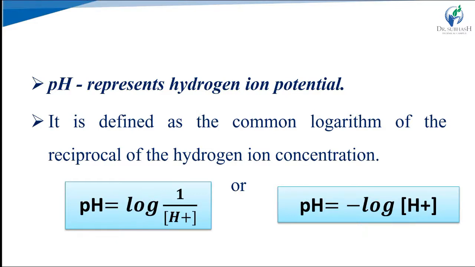Let us see the history of the term. It was first introduced in 1909 by the scientist Soren Peter Lauritz Sorensen. In the term pH, the P denotes potence, which means power, and the H stands for hydrogen, which is why it is written in capital letter.